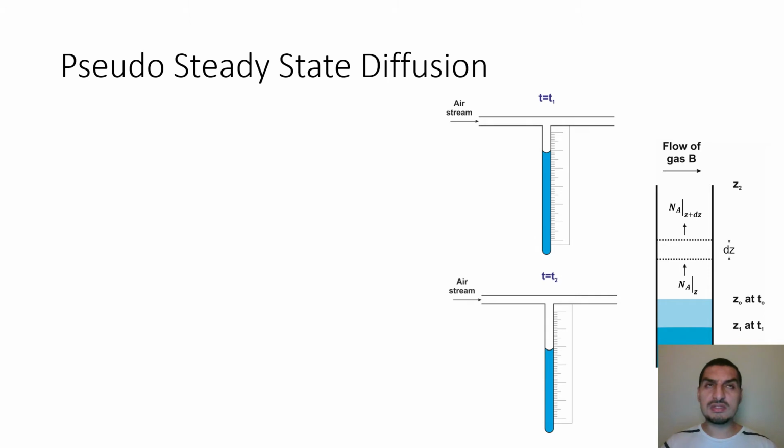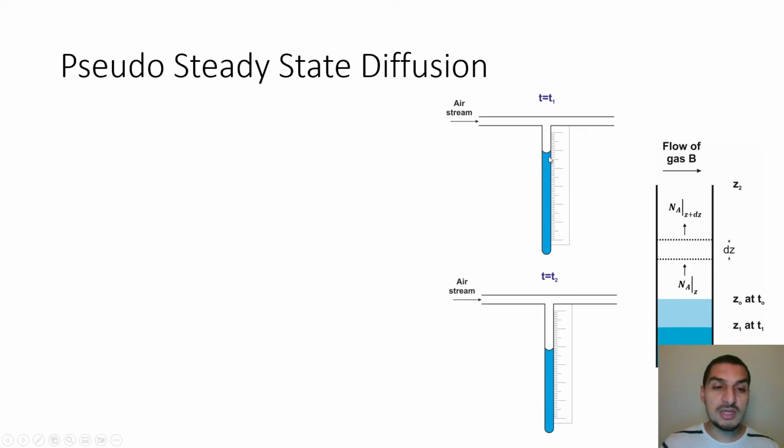This is an experiment that is done to estimate the value of the binary diffusion coefficient in gas phase, and the calculations are done based on this assumption of pseudo steady state.